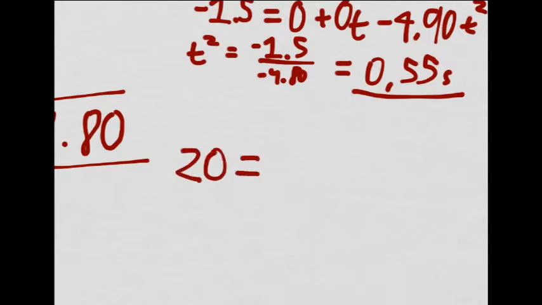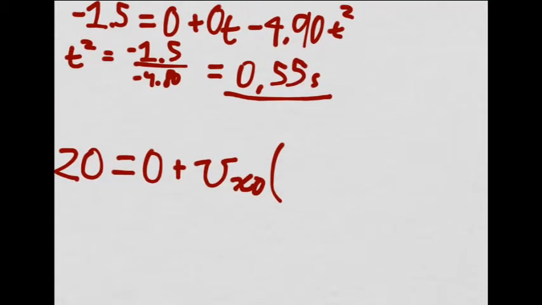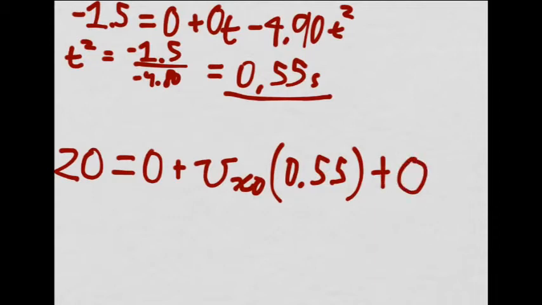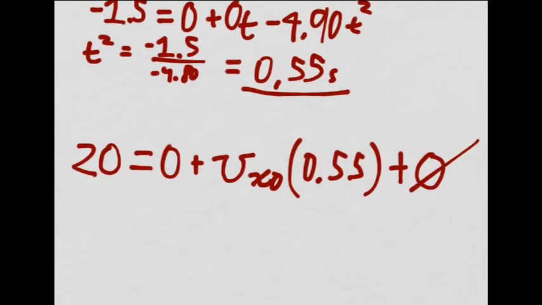Initial position of x is 0, plus initial velocity in the x direction, which we don't know, times time, which is 0.55 seconds, plus there's no acceleration in the x direction, so I'm just going to cross that out.